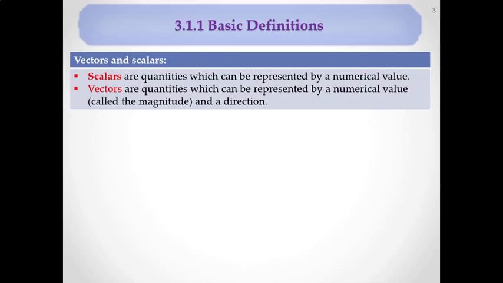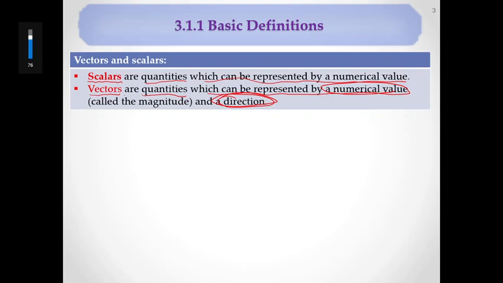In physics, there are scalars and vectors. Scalars are quantities which can be represented by a numerical value, and vectors are quantities which can be represented by a numerical value plus a direction.